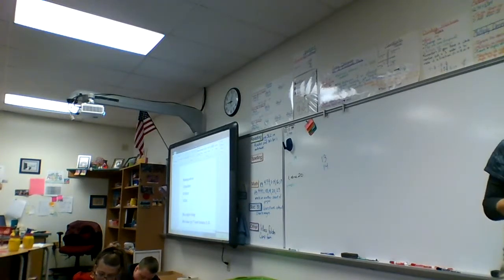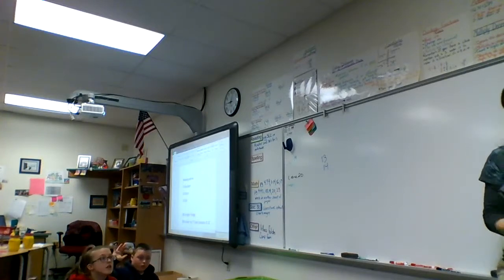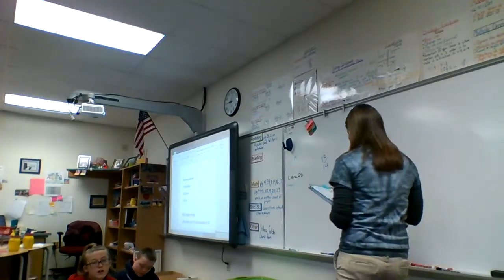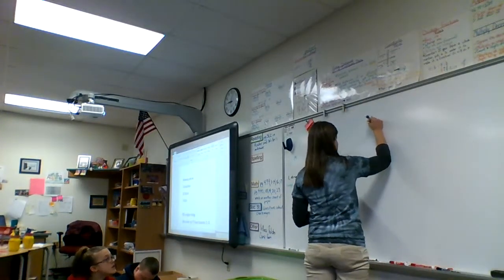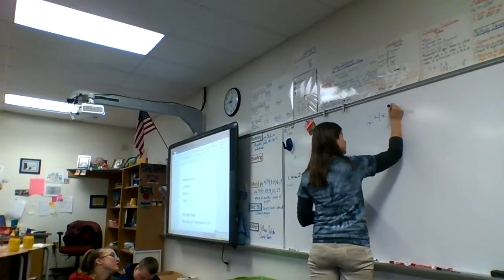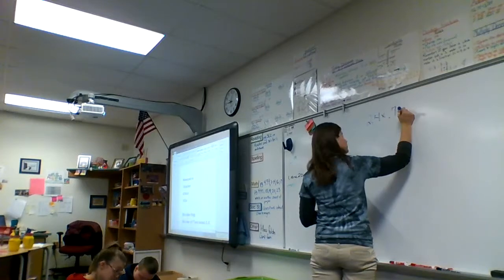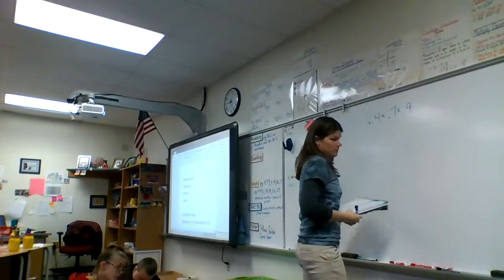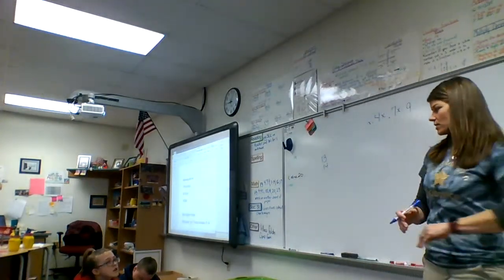How many of you missed 13? All right, so I have 2.4 times 0.7 times 0.9. What did you multiply first there, Colton?